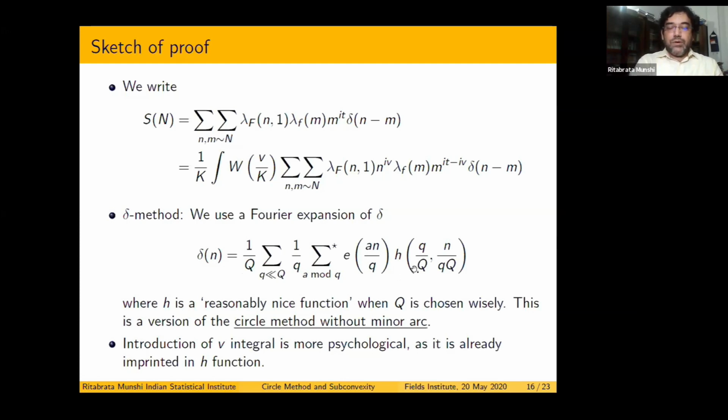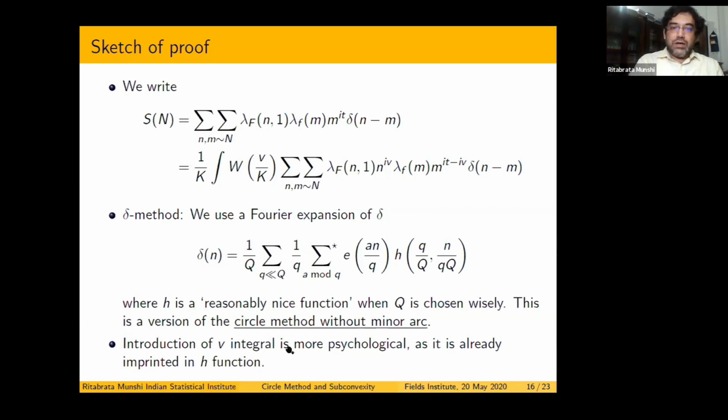Basically it means that if you have a priori information that small n is lying between minus capital N and plus capital N, then you pick capital Q to be the square root of capital N. And then this h is not really oscillating that much, so you can think of h as basically 1. I'm going to pick my Q in a reasonable way.